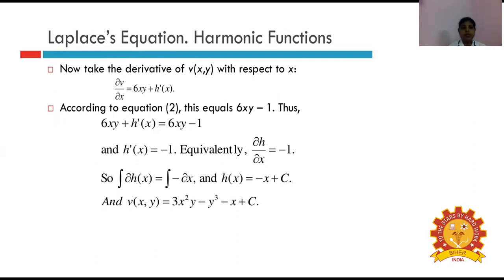Hence 6xy + h'(x) = 6xy - 1, so h'(x) = -1. Integrating, h(x) = -x + c. And v(x, y) = 3x²y - y³ + h(x), that is, -x + c.